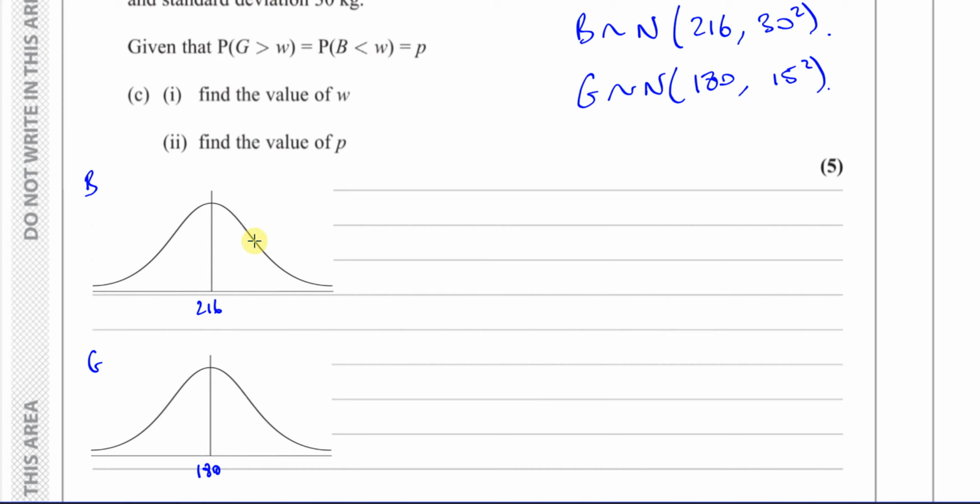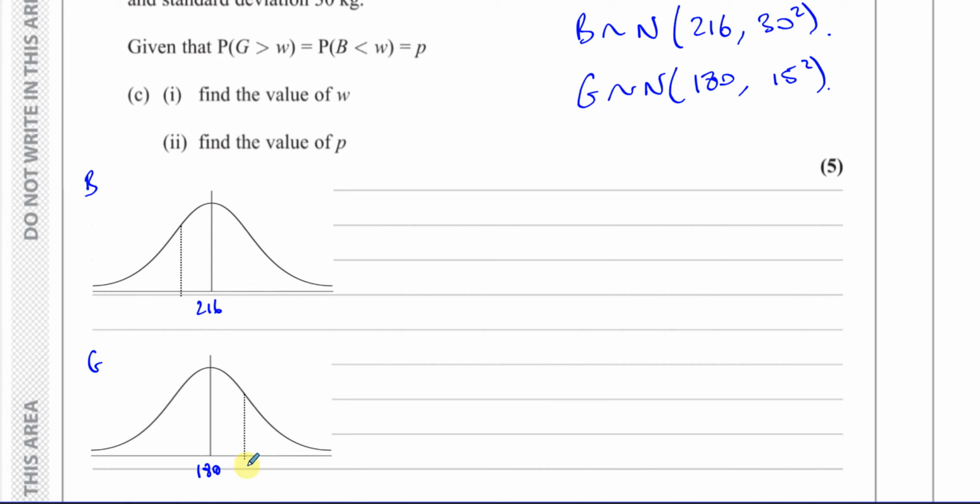So what we can say is that for the gorilla, the probability that the weight is greater than that value, okay, that means for the gorilla, it's going to be over on this side here. Okay, and for the buffalo, it's going to be on this side here.